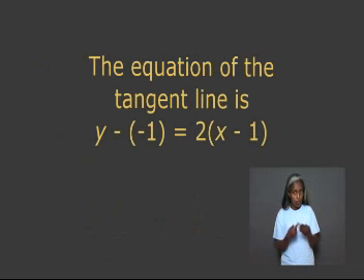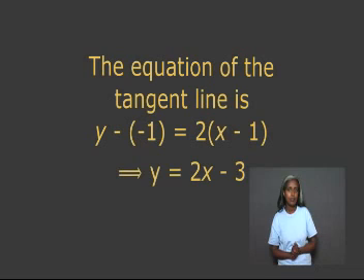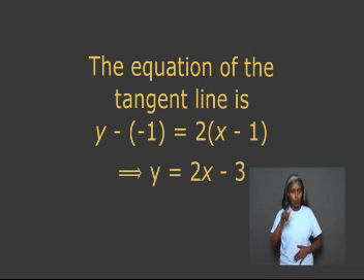Therefore, the equation of the tangent line is y minus negative 1 equals 2 times x minus 1. This means that y equals 2x minus 3.